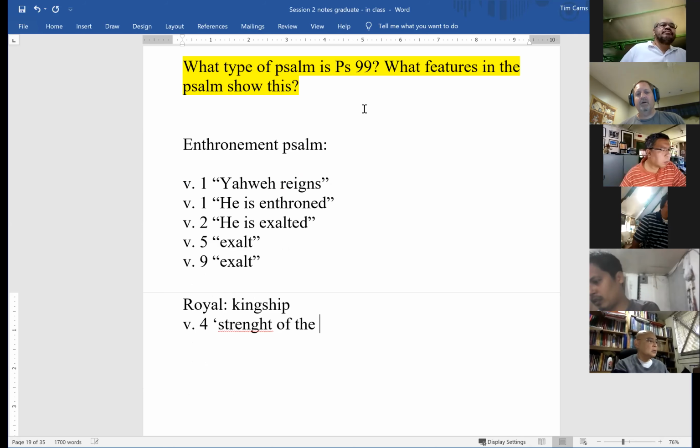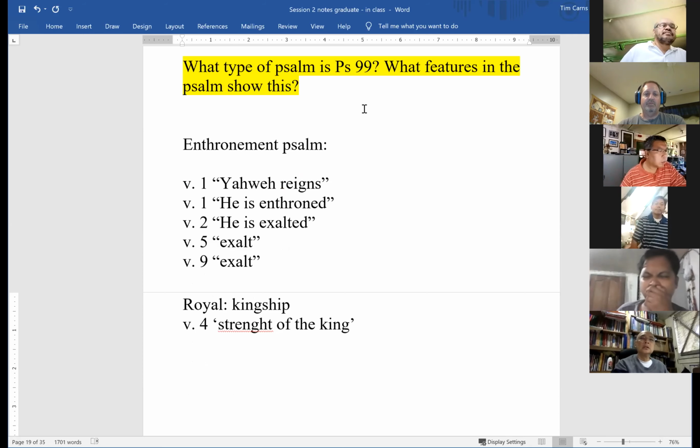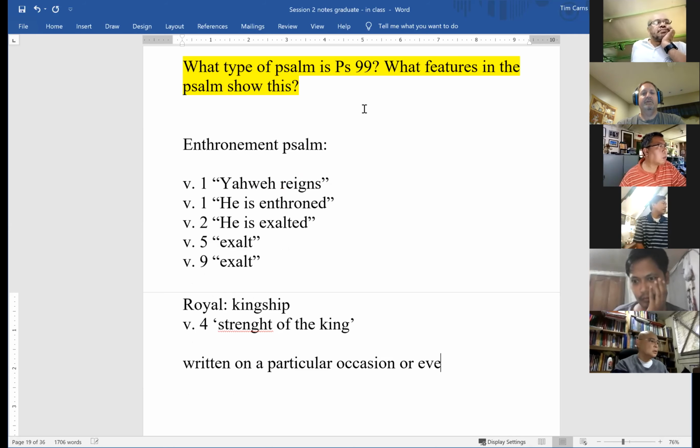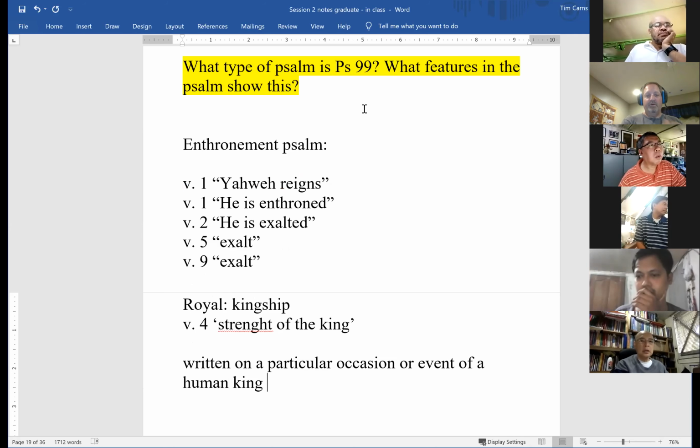The royal psalms, as that category has been defined, usually refers to a psalm written on a particular occasion or event of a usually human king. Sometimes it can be in reference to the Messiah.